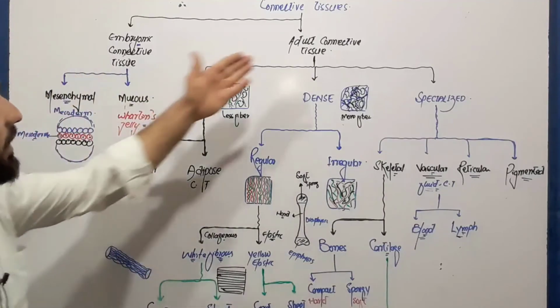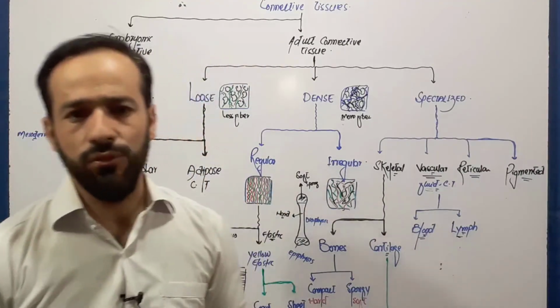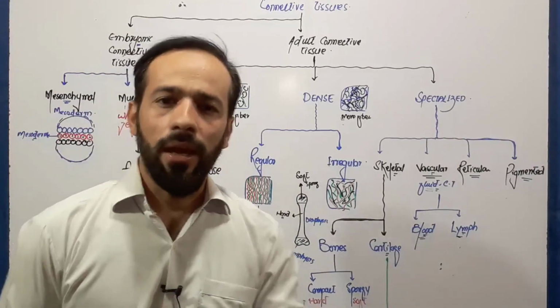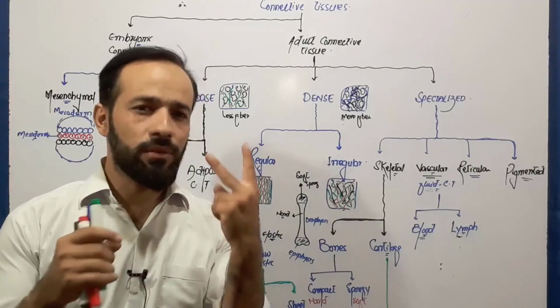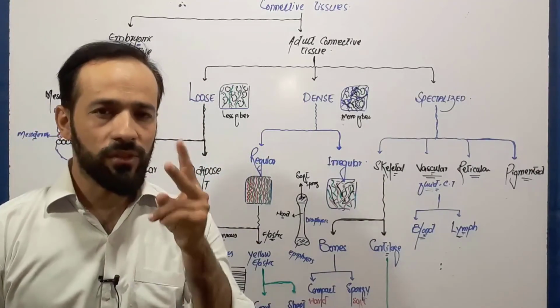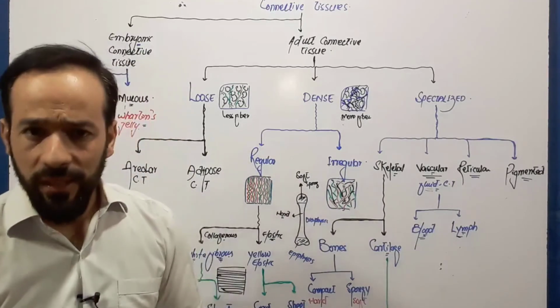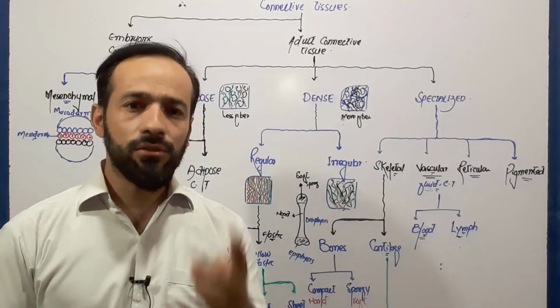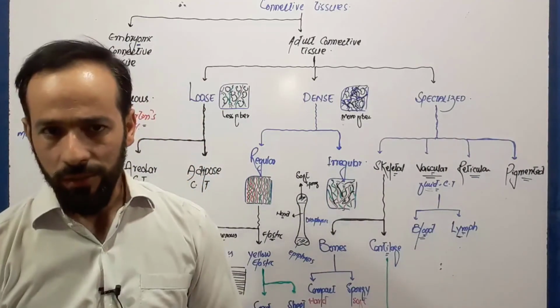Okay. The adult connective tissue is divided into three classes: the loose connective tissue, the dense connective tissue and the specialized connective tissue. The loose connective tissue is divided into two classes: areolar connective tissue and adipose tissue. Then there is the dense connective tissue, divided into two classes: dense regular and dense irregular, right?